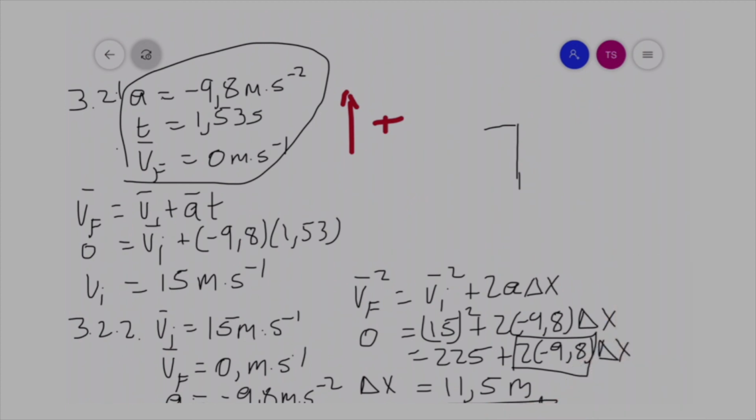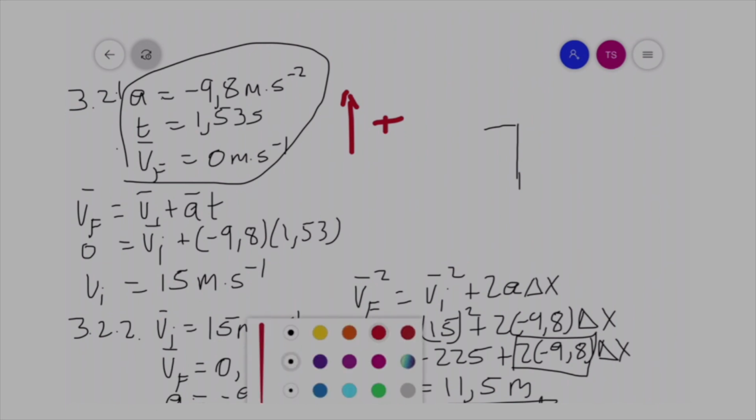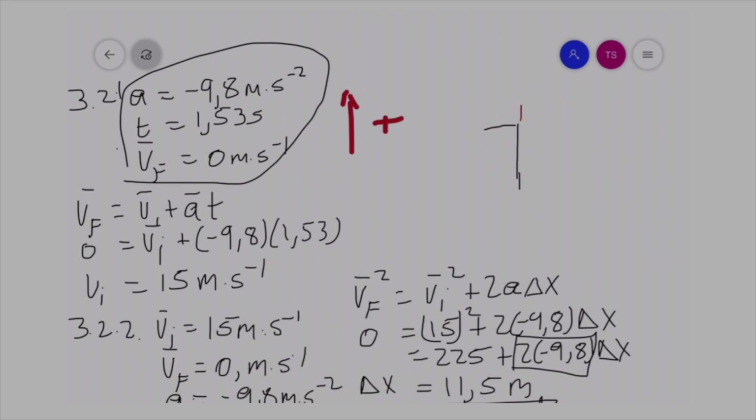Now the ball goes up, and then remember it's thrown from the edge, right? This is my edge. Now it comes down. Let me just redraw. This is my edge, right? It goes up, it comes down.